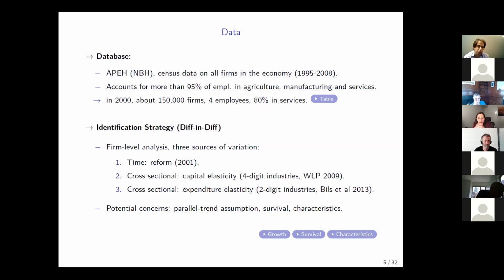So basically we want to know if the goods that the firms are producing are more income elastic or not, or have a higher expenditure elasticity. What we did is we took the 2-digit elasticities estimated by Mark Bils and co-authors in order to exploit the differences at 2-digit.